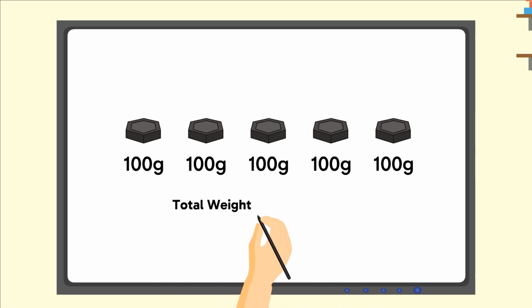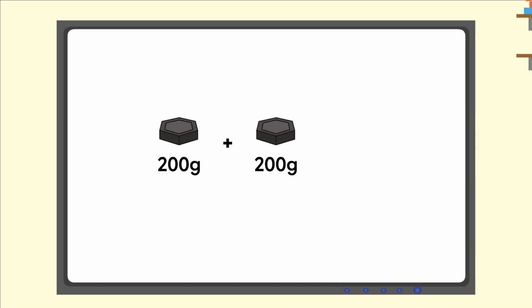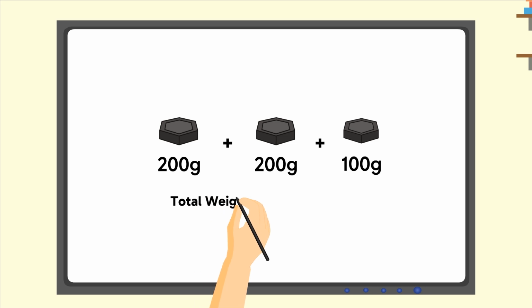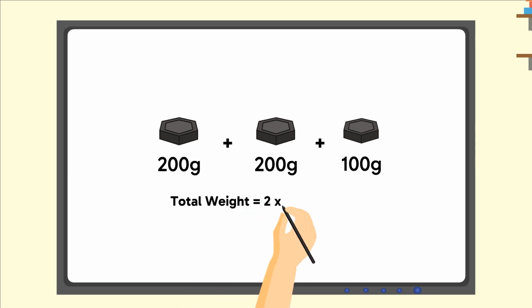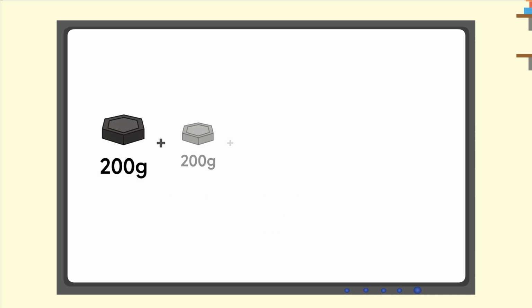That is, the total weight 5 into 100 grams is equal to 500 grams. 200-gram weights and 100-gram weight. Thus, the total weight is 2 into 200 grams plus 100 grams, which is 500 grams.